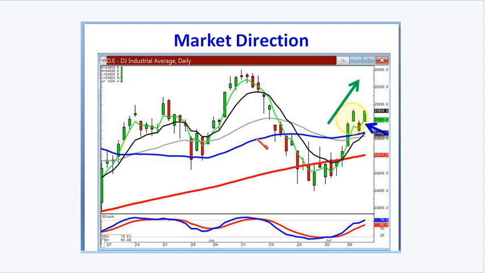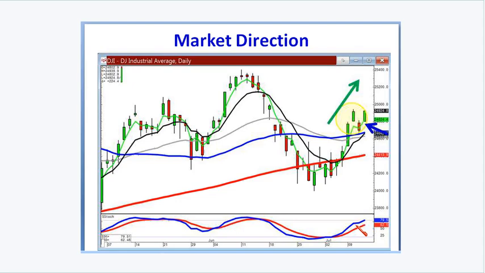Now, the reason we have the 50 and the 200 is because every major money manager around the world uses those moving averages to make their decisions about their portfolio. We're not trying to use those as our indicators. All we're using them for is we know that everybody else uses them. We just want to identify what type of signals or patterns are occurring at those levels.